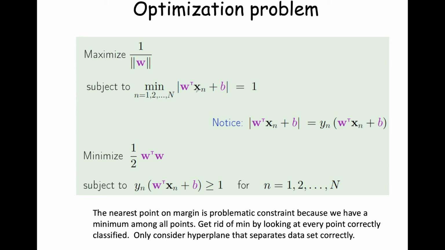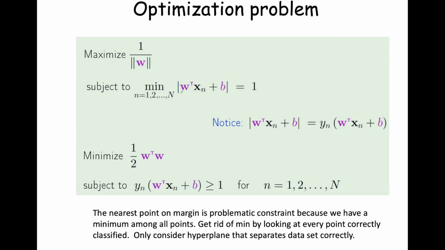Now remember, when we have this constraint about the closest point to the hyperplane, recall that the hyperplane in question, while we're trying to maximize the margin, gets all of the labels correct.